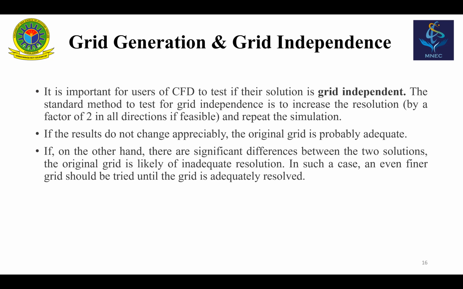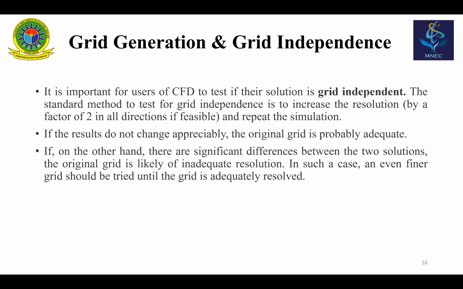What will be the geometric dimension of that cell or the grid or the node? To specify that, you have to consider certain issues. Like if there is any flow development issue, if there is some boundary layer development consideration, then you have to take node thickness or node dimension in such a way that it doesn't cross the boundary layer thickness. Otherwise, you will not get a good result.